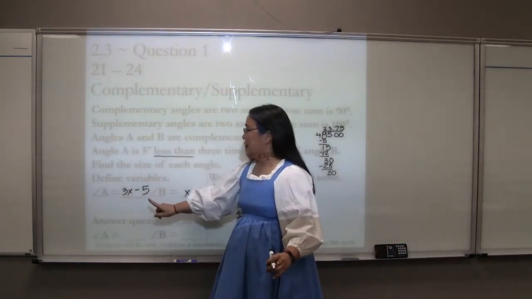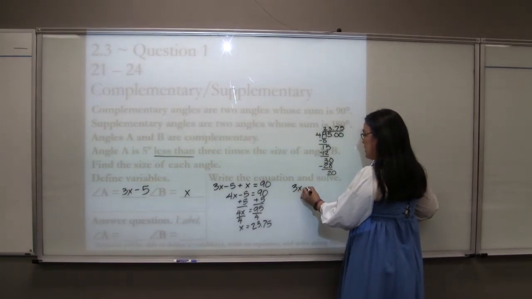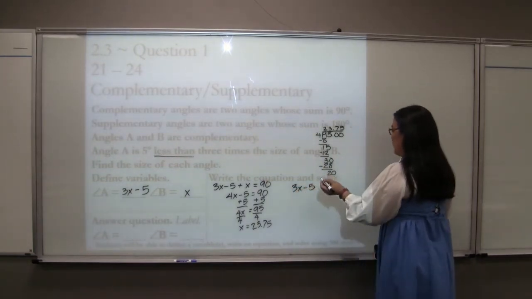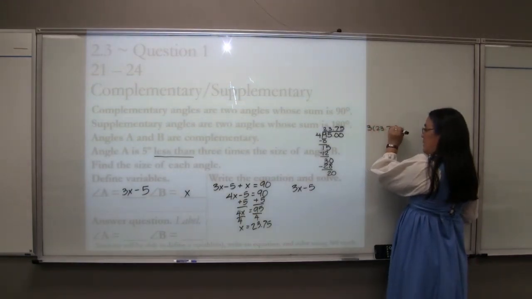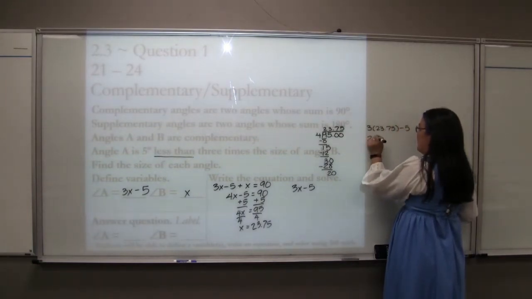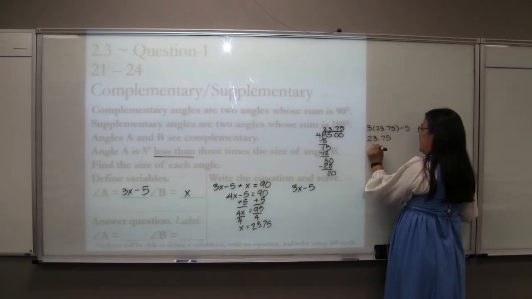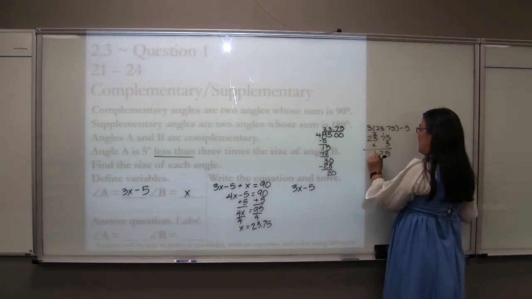We also have A. A is 3x minus 5. 3 times x minus 5. You might want to, on the side, do 3 times 23.75. 23.75 times 3, 15, 22, 11, and 7.